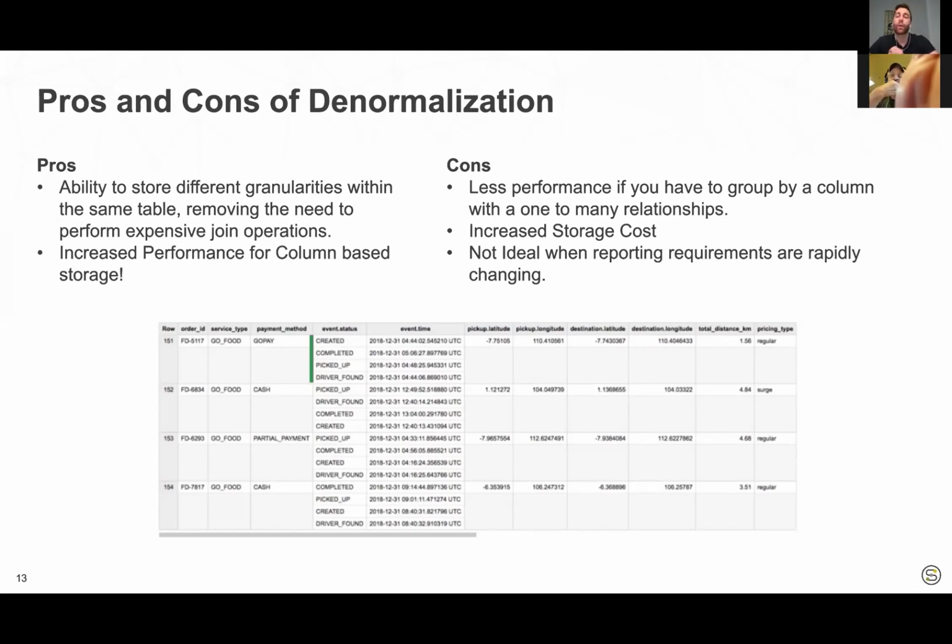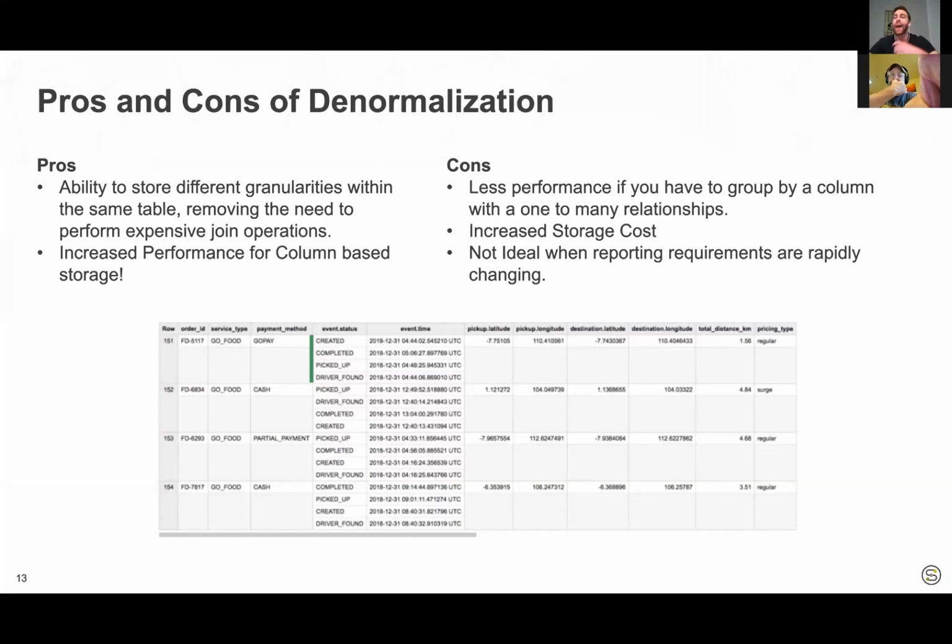So there is one cost though. If you just have a ton of one-to-many relationships within these types of schemas, you can still have some performance degradation. Unnesting an array has to do something like a Cartesian product, and that can really reduce the performance.